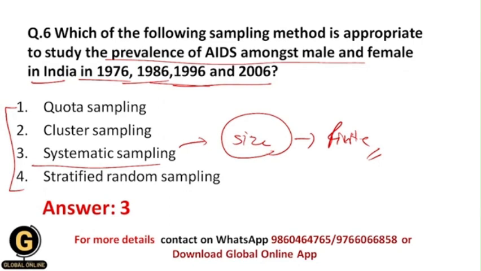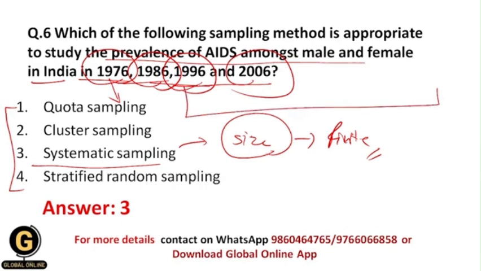So for example, the researcher knows the population size of India in 1976, as well as 1986, 1996 and 2006. So what will the researcher do now? The researcher over here now makes a group of people, okay, and he will now categorize all the target population between different intervals.